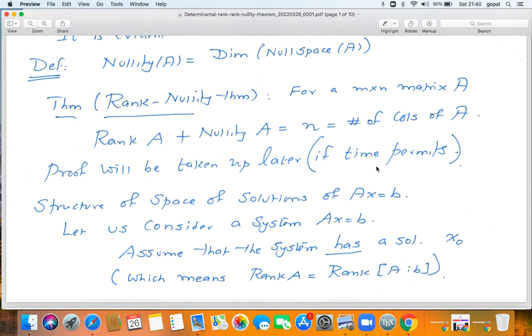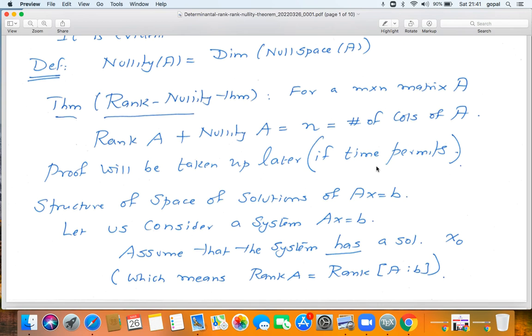So now let us look at the structure of the space of solutions. Now you want to look at the system of equations Ax equal to B. Of course, if the system has no solutions, then the space of solutions is empty and there's nothing more to say.